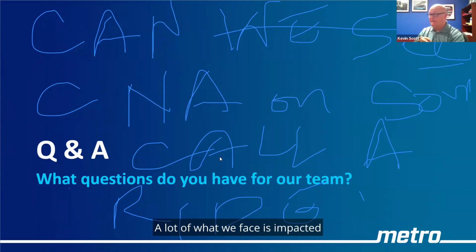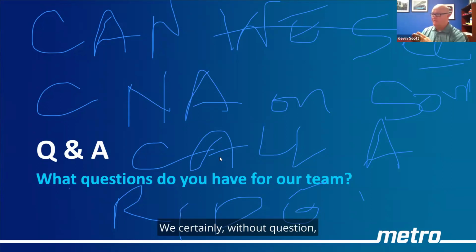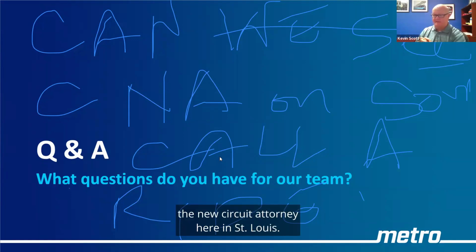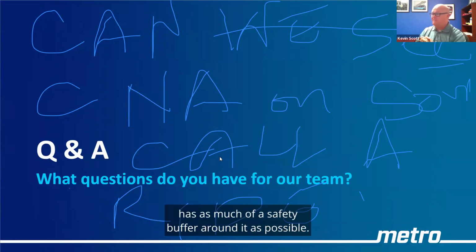A lot of what we face is impacted by an overall regional public safety concern. We certainly, without question, and these aren't my words, these are the words of Gabe Gore, the new circuit attorney here in St. Louis, are in a significant violent crime crisis, and we are going to exhaust all options to ensure that our product has as much of a safety buffer around it as possible.